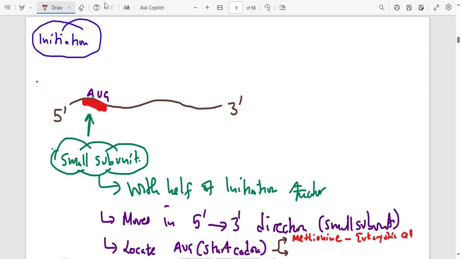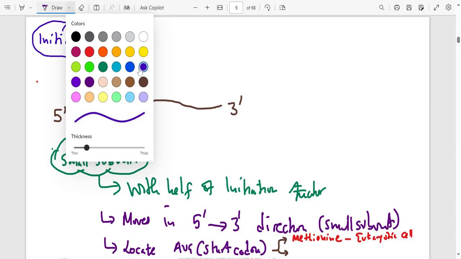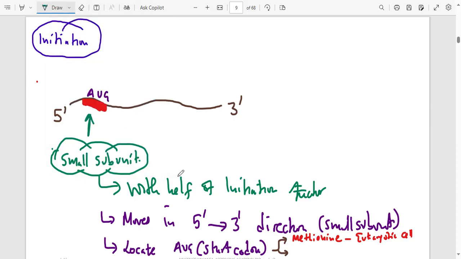Okay. For a eukaryotic cell, the first amino acid that we get is methionine. Now for prokaryotic cells, it is known as formyl, formyl methionine. So this is the first amino acid that is going to be brought in prokaryotes.